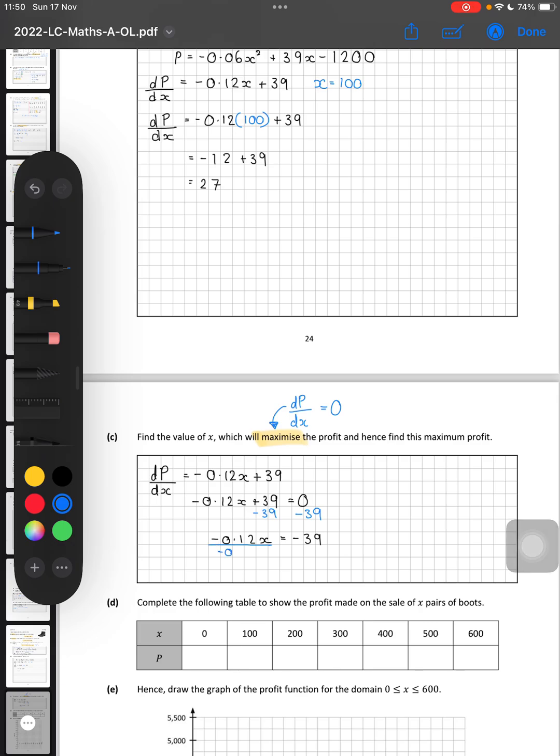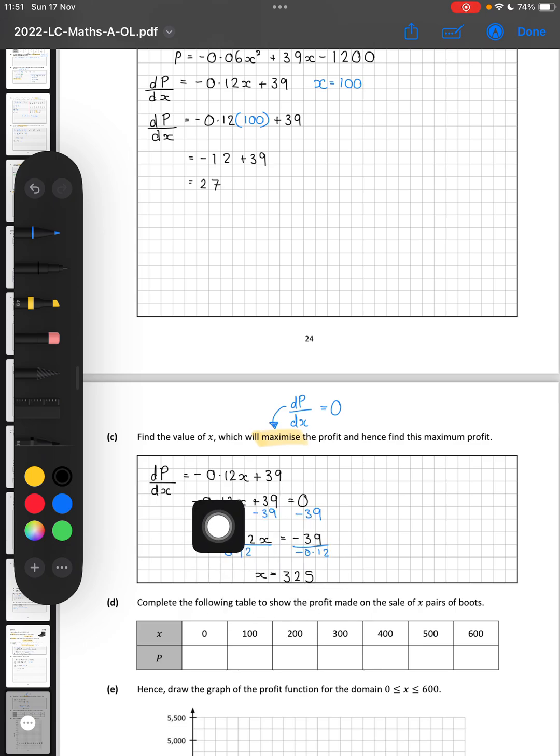So divide by what is multiplying the x and divide by that on the other side as well, so that we end up with x on a side by itself. And then I have to type into my calculator. I know minus by minus is going to give me a plus, but what is 39 divided by 0.12? And it's 325. So x being 325 is going to maximize my profit.